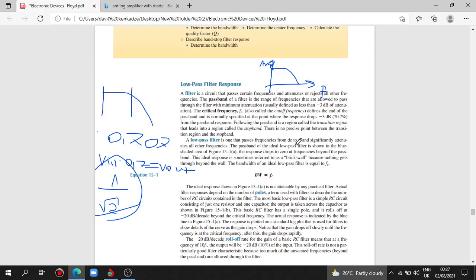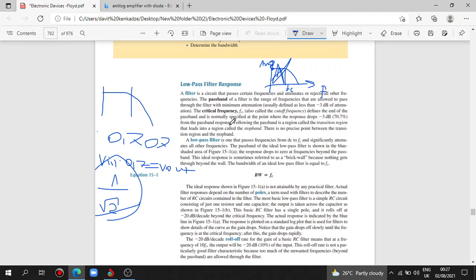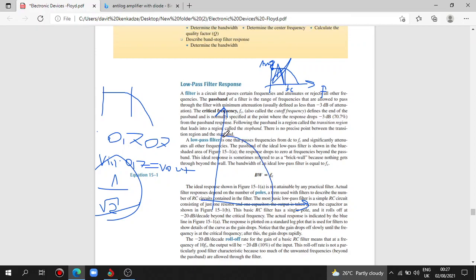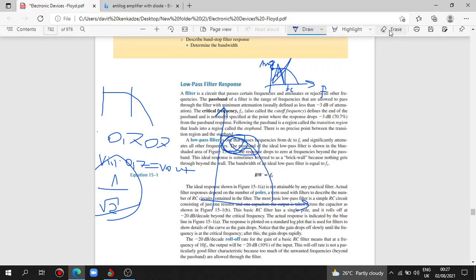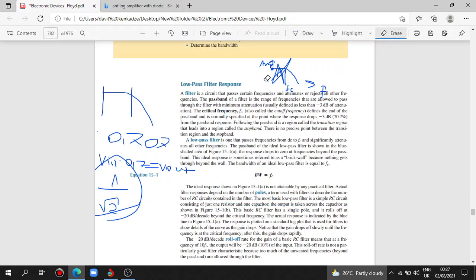They said that from DC to FC, the critical frequency, it allows the signal to pass in this area. The graph will be something like this, because it's a low pass filter, and it won't filter low frequencies because they are near DC, and it will filter higher frequencies.